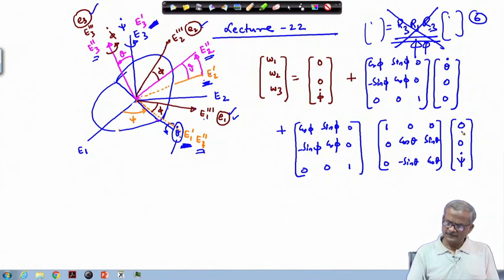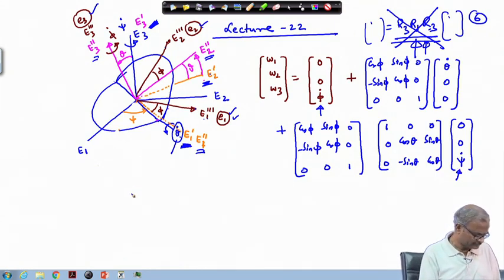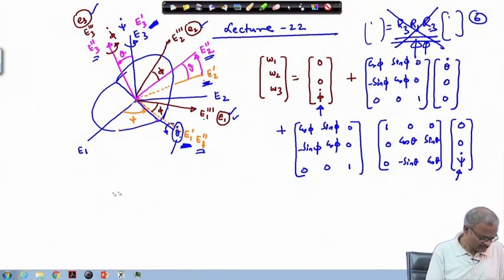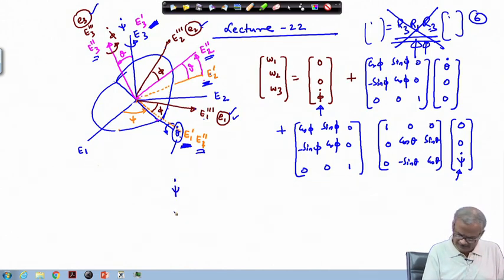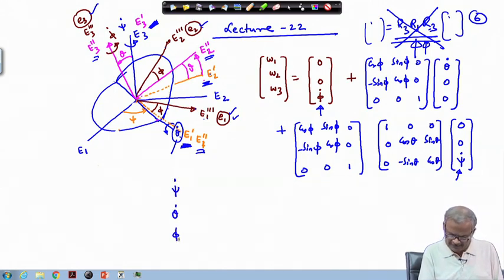So, first solve the matrix and then write omega 1, omega 2, omega 3 separately and put it back in matrix notation, because here psi dot is also there and phi dot is also there. We cannot put both of them along the z direction, so it is better to write it as psi dot, theta dot and phi dot.